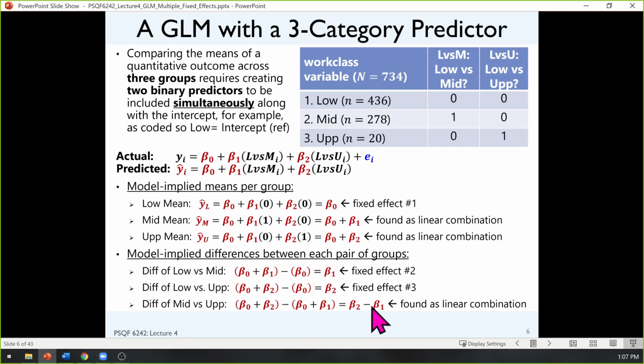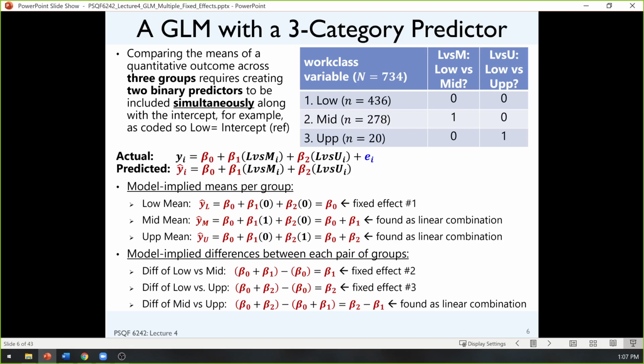And to get to the missing difference between the alternative groups, that's a linear combination of the slopes. It works out to be beta 2 minus beta 1, which is how the model tells you how the upper group differs from the middle group. So any of these parameters that are directly given by the model, beta 0, beta 1, and beta 2, are going to show up by default. Any of these extra terms that are linear combinations, you have to ask for specifically, and I'll teach you how to do that.